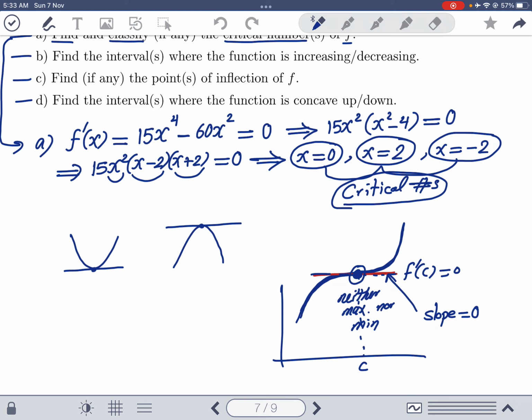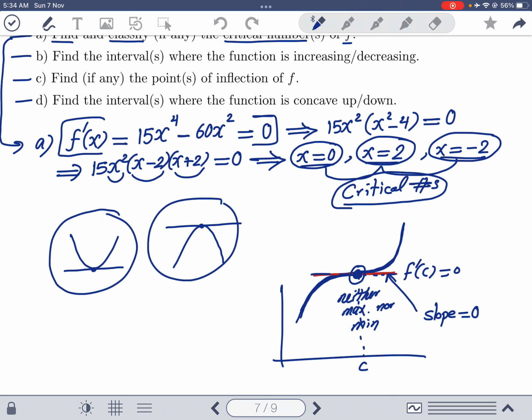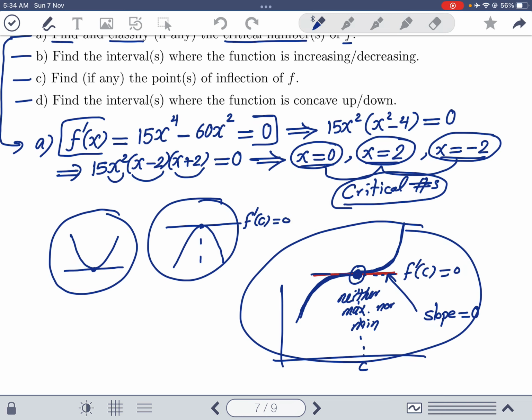That's what we did. We set the slope equal to 0, and we found that at 3 points the slope is 0. But you can have 3 conditions. It could be that you have a minimum or a maximum, or you have something that's neither a minimum nor a maximum. Here also f prime at c is 0 if this is c, and if this is c, drawn here, then also f prime at c is 0.